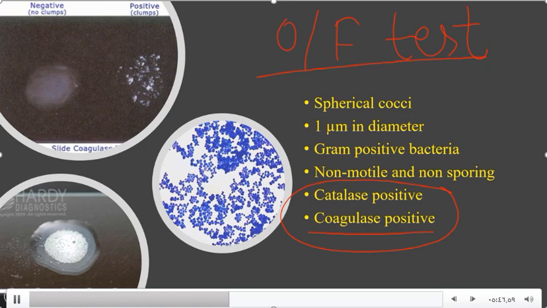The bacteria will convert fibrinogen to fibrin clot, and visible clumps will be seen. Then the bacterium is said to be coagulase positive. So if the bacterium is a gram positive coccus in clusters, catalase positive and coagulase positive, it is confirmed to be Staphylococcus aureus.